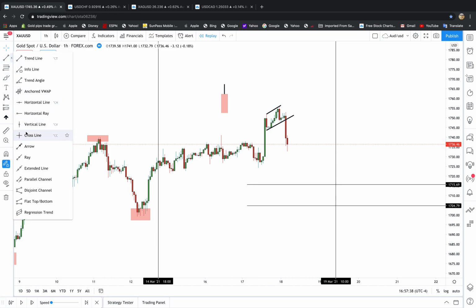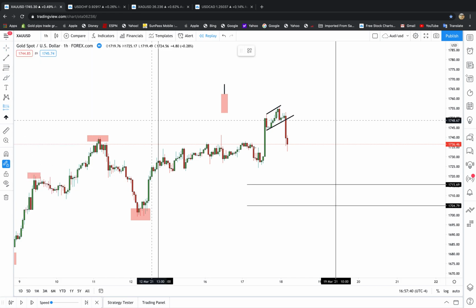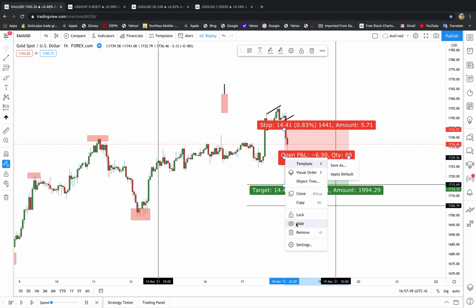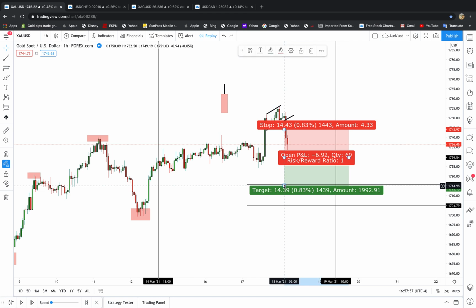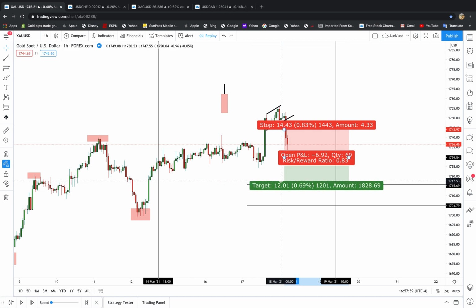That was my entry. All right, so let's mark that. And we caught 120 points, 120 pips, if you want to call it, however you want to say it.